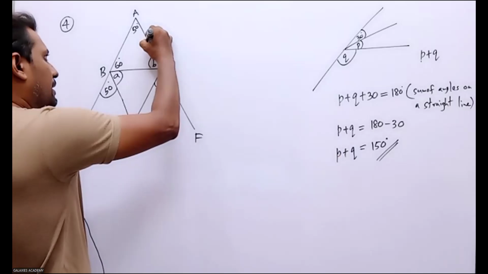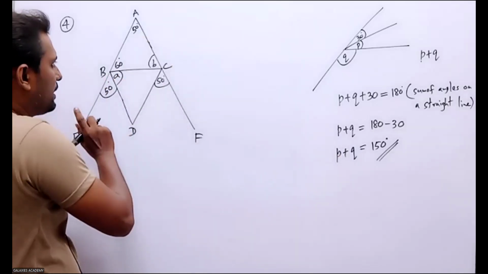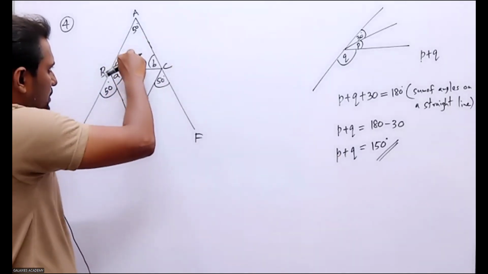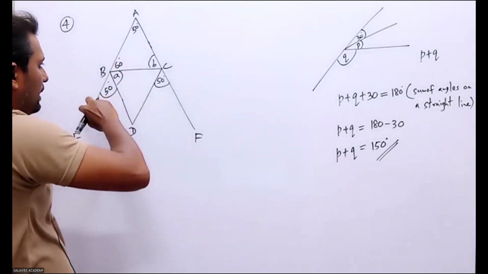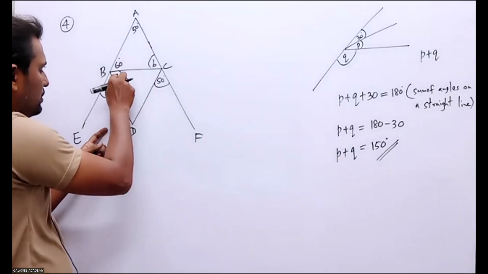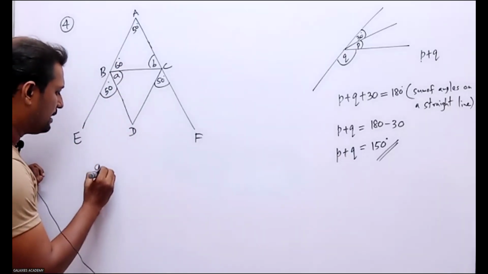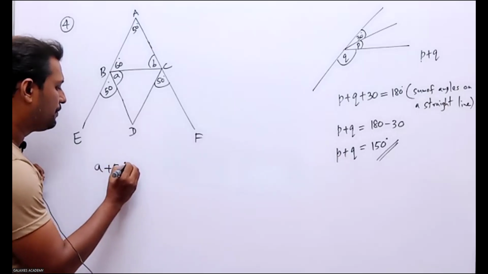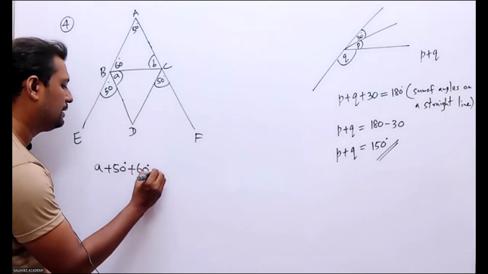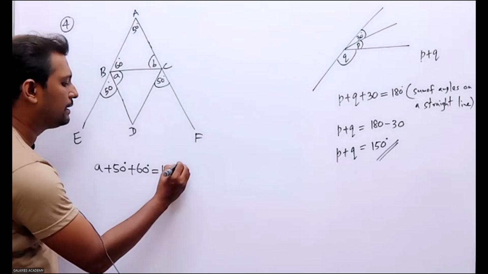First I can find A. How can you find A? This is a straight line. So the sum of these three should be 180 degrees. So we can write A plus 50 plus 60 equals 180 degrees.